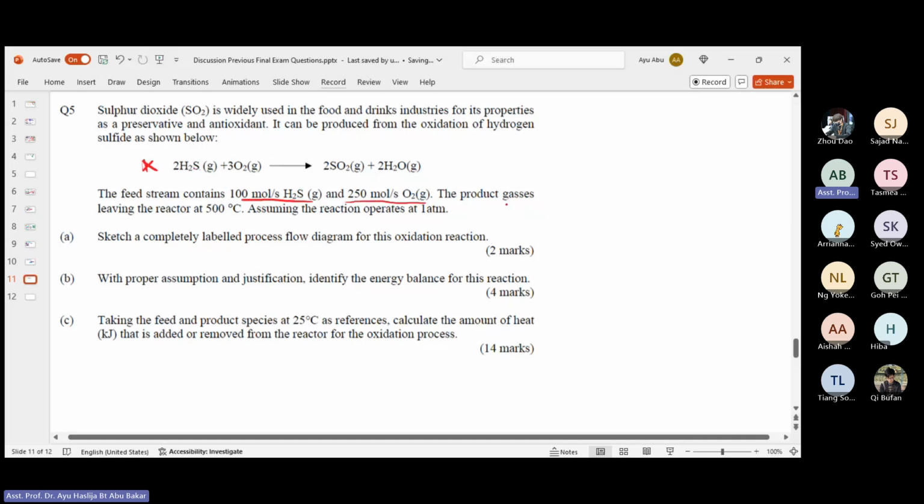The product gases leave the reactor at 500 degrees C, assuming the reaction operates at 1 atm. So here, this is the temperature. For part A, sketch a completely labeled process flow diagram for the oxidation reaction. Completely labeled, so you must label with whatever info is provided.